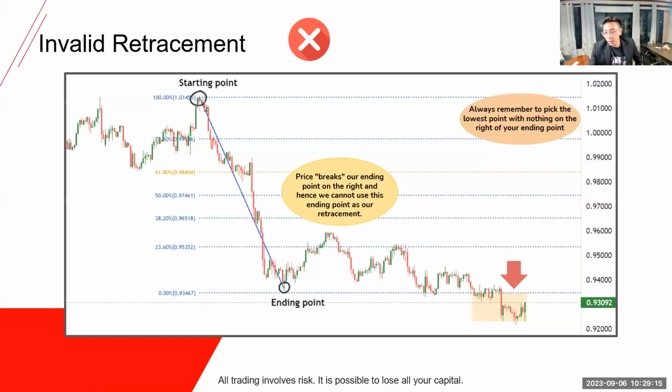You can see right here in this picture, price actually broke this low, so this Fib cannot be used unless you are projecting an expansion level. But for expansion, because price didn't retrace back to 50%, we cannot use the expansion. Always remember to pick the lowest point with nothing beyond your ending point.